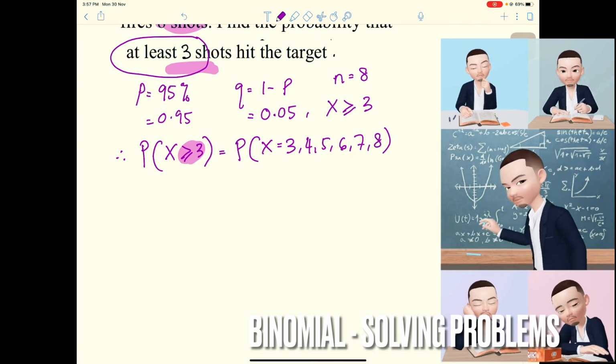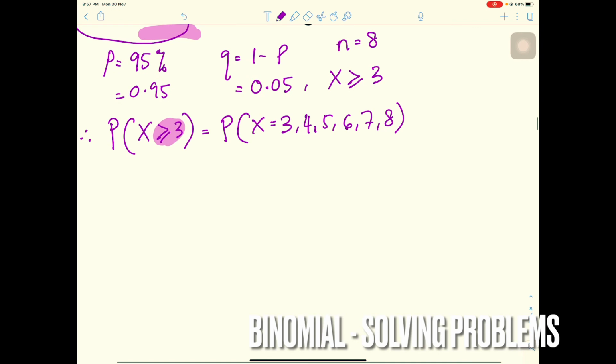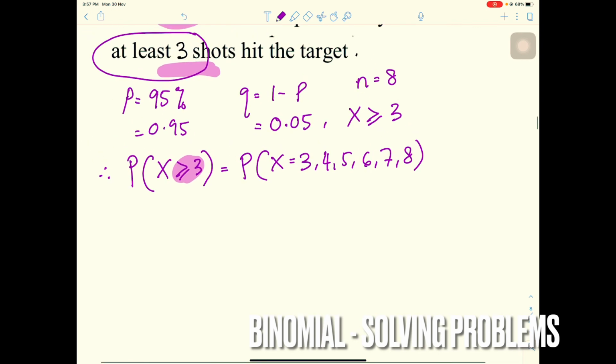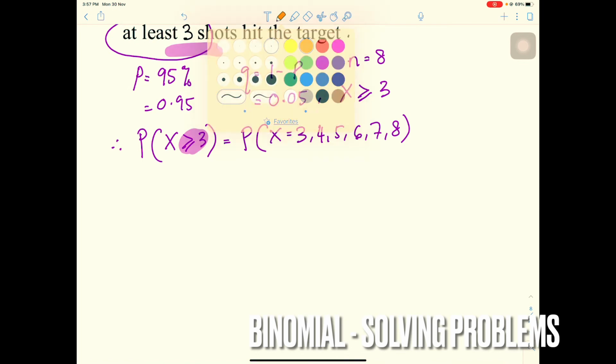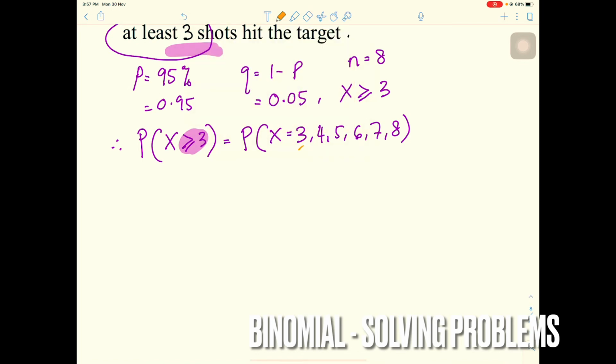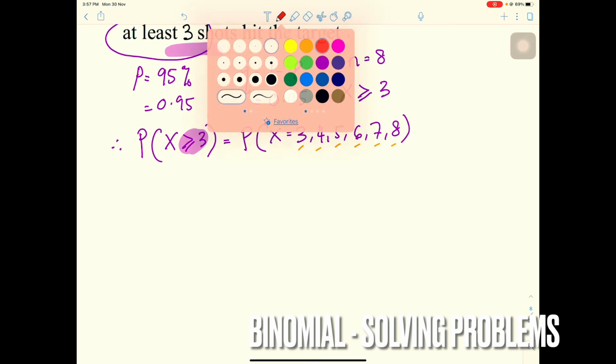So this is the discrete random variable for at least 3 shots hitting the target. If you substitute the values into the formula, you have to calculate 6 times.